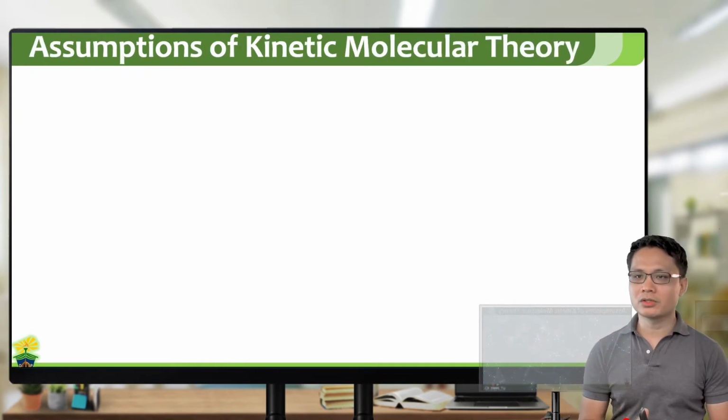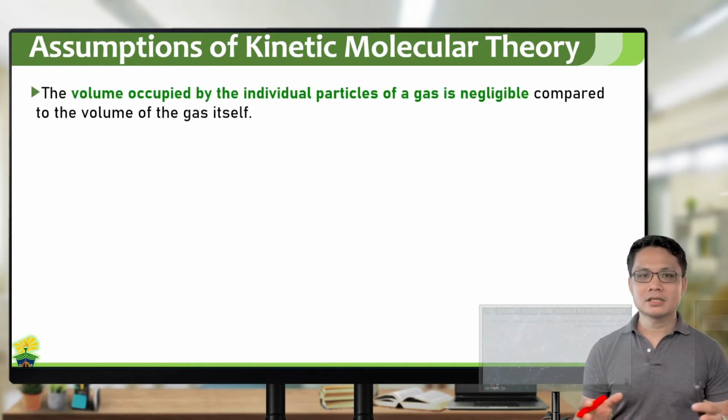Talking more about the kinetic molecular theory, there are basic assumptions. These are the most basic assumptions. First is that the volume occupied by the individual particles of gas is negligible compared to the volume of the gas itself.